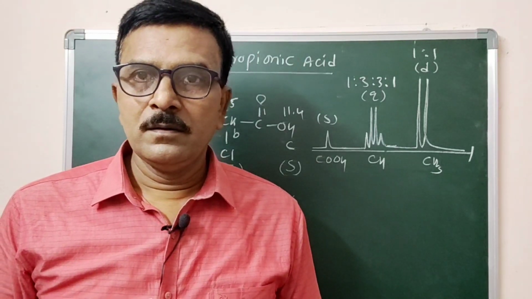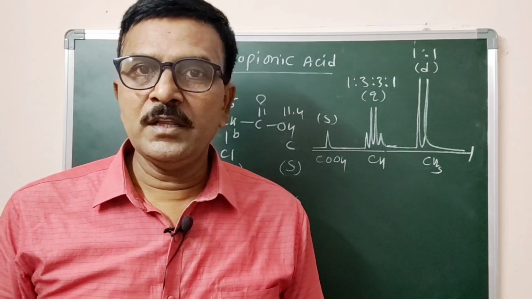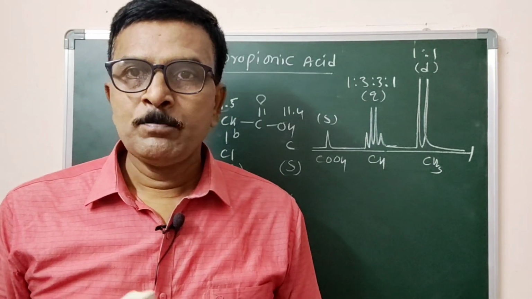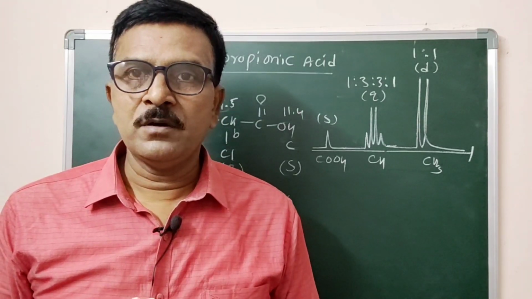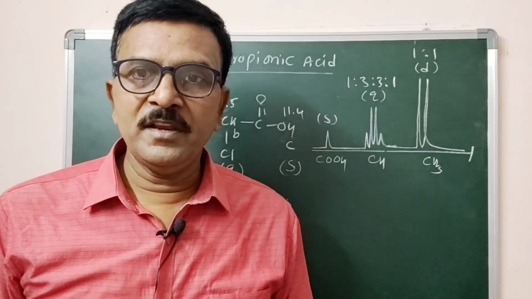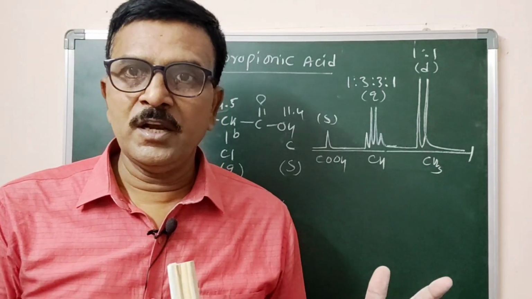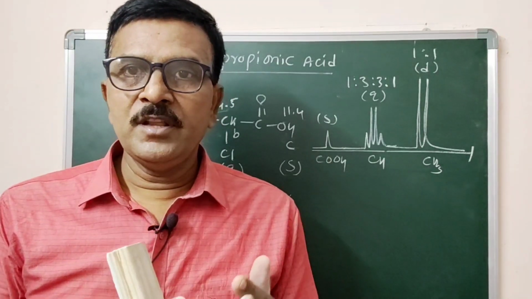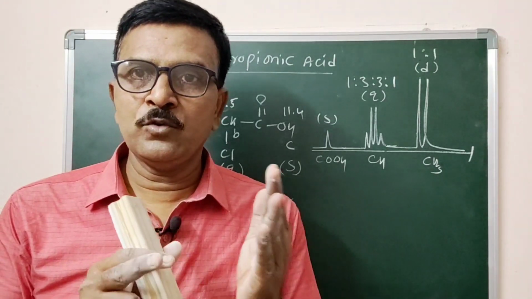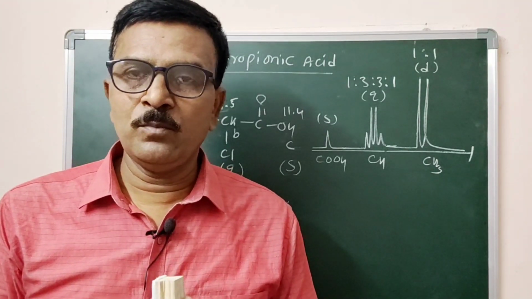Again, you have to study proton NMR spectroscopy in your second semester and also in your third semester. Up to the third semester there are spectroscopic topics included in the syllabus. In the second semester there is proton NMR spectroscopy, fluorine NMR spectroscopy and phosphorus NMR spectroscopy.